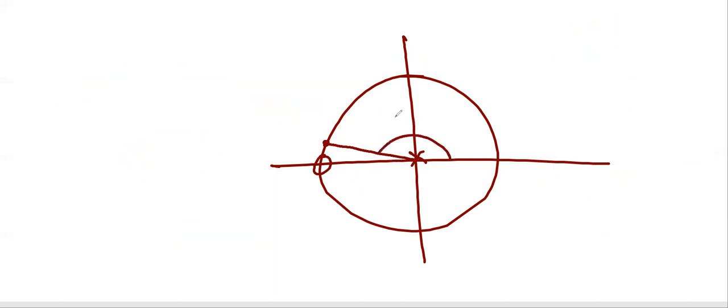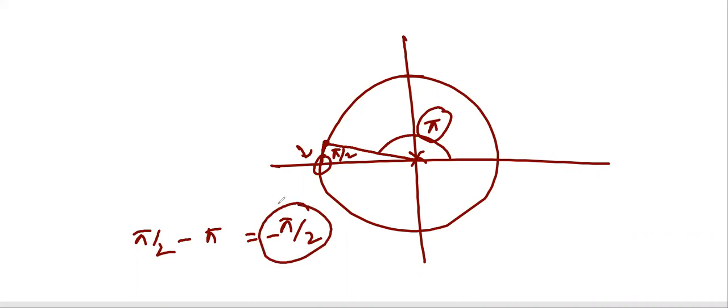That means it is almost pi, and this value is very close to, approaching pi by 2. So at this point, what would be the value? It is exactly pi by 2, and this is exactly pi. At that point, the phase will be minus pi by 2. And in the next class, we'll show by the equation how the phase actually comes.